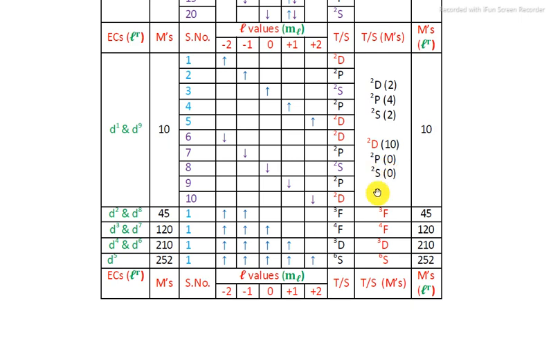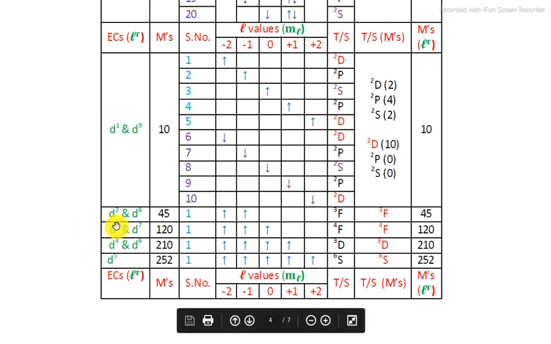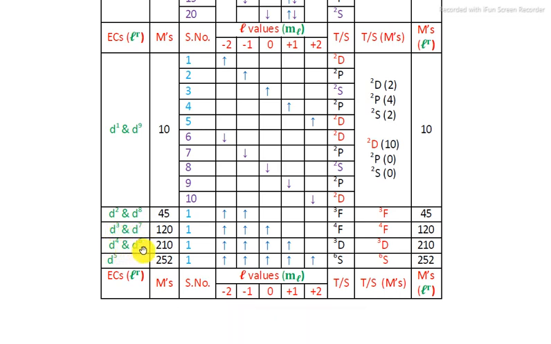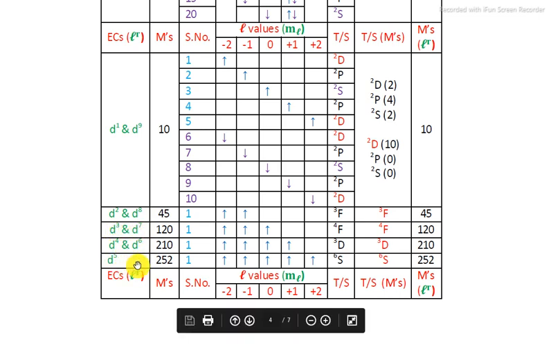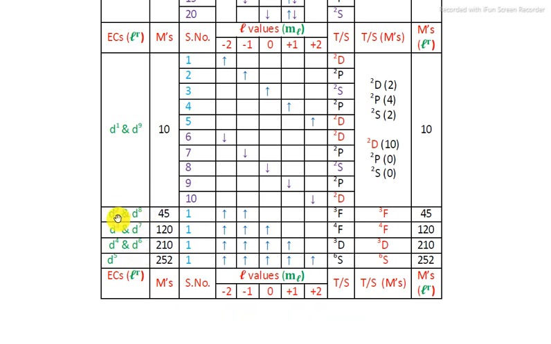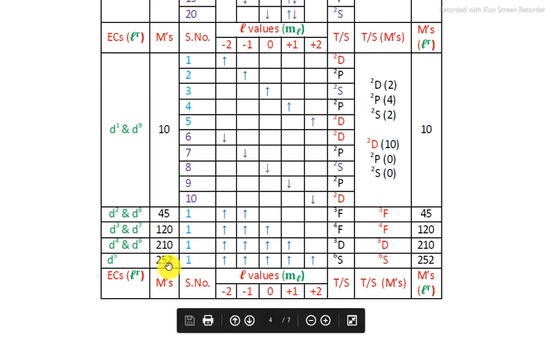Let us see the remaining other electronic configurations: D2, D8, D3, D7, D4, D6, D5. Here the number of unpaired electrons is 2, 3, 4, 5. Total number of microstates 45, 120, 210, 252.